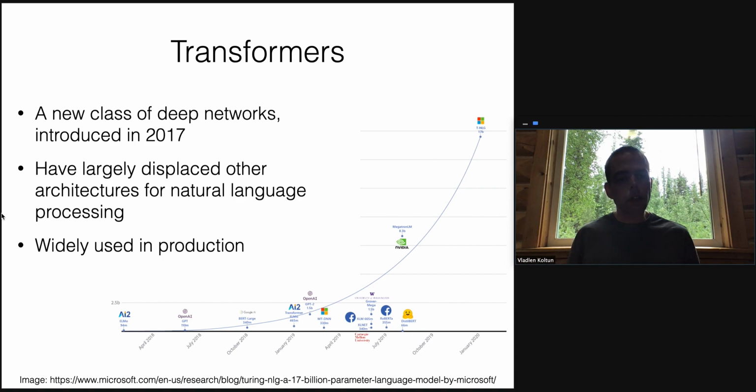They were only introduced 3 years ago, but in this time they have gone from the design table to production and are now used at scale and have essentially cast aside other approaches to natural language processing.